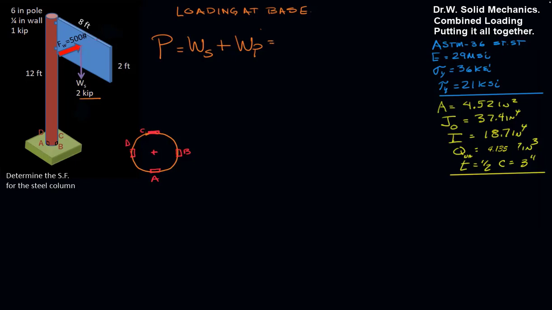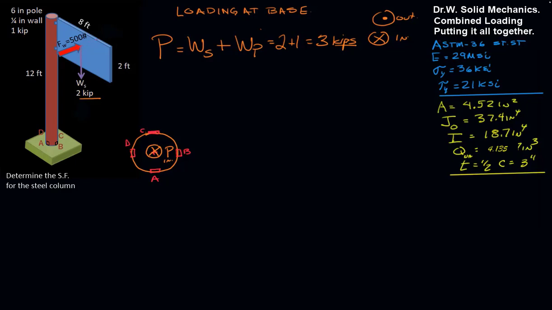So that'll be 2 kips plus 1 kip will be 3 kips. And we'll show that as a vector into the board as opposed to a vector which is out. So down here, put an X on that, and that'll be a P into the board. And we note that that's going to be in compression at that point for that element.